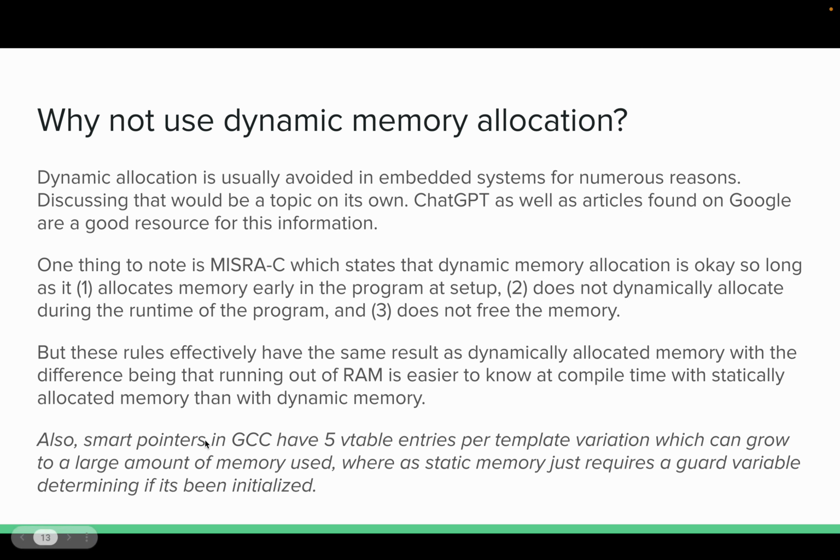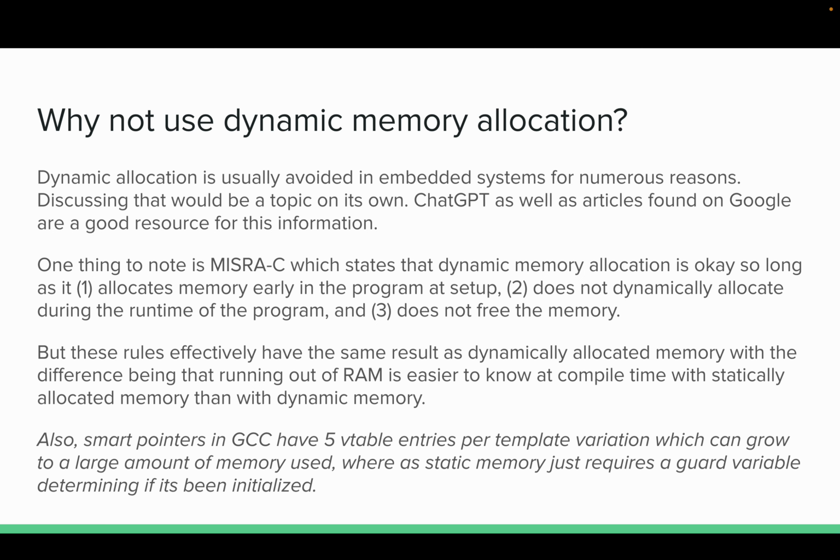Also, one other thing is that smart pointers, I did look into them. I was actually considering relaxing the dynamic memory constraint on libhal if smart pointers were worth it. I'm not convinced that they are. I believe that they have 5 vtable entries, which is a lot, all of which have to do with destructing and deleting the object. I bet they all are really important. They all need to be there.